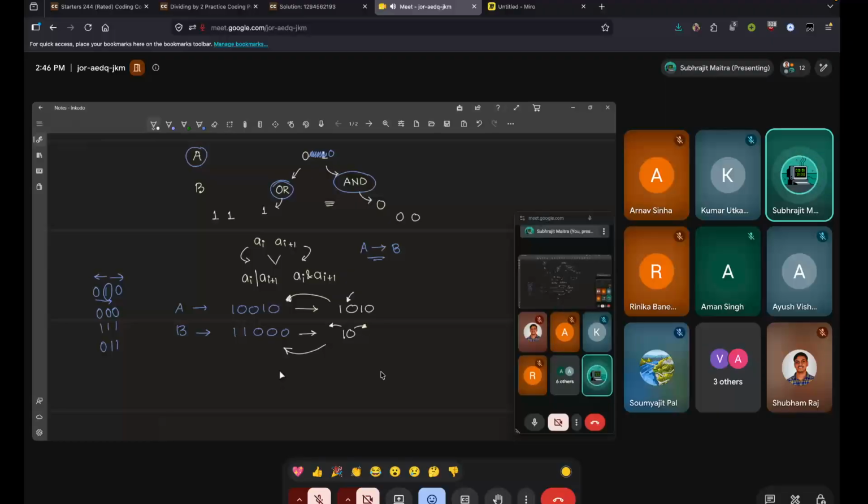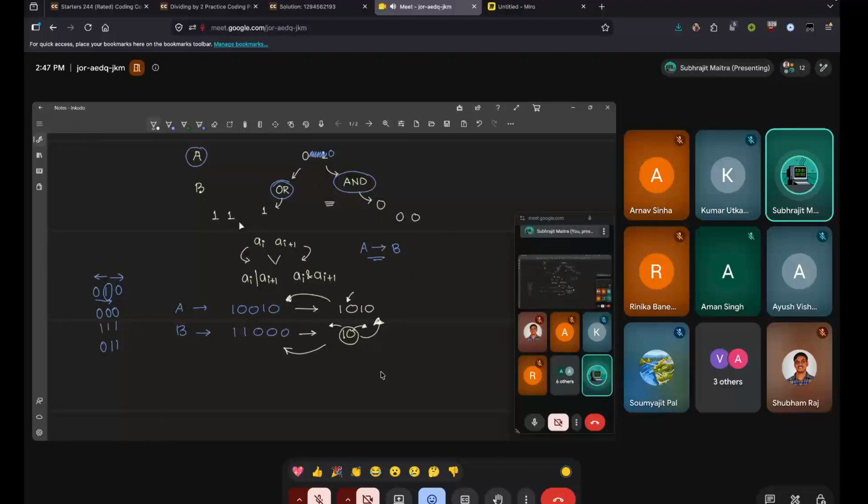So all I need to check in this question is whether the compressed form of B is a subsequence of the compressed form of A. Because whatever the structure of A is, we cannot change the structure.